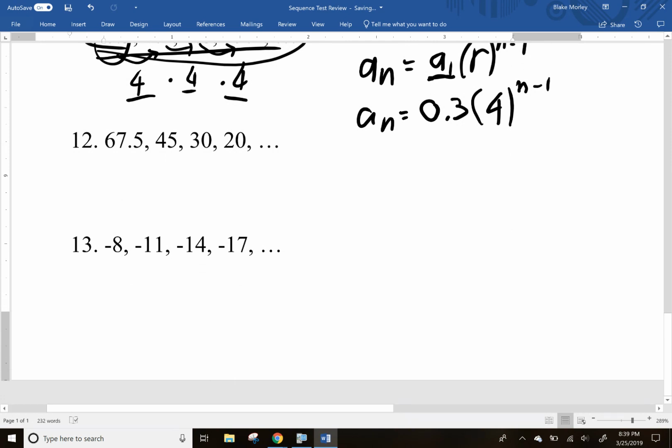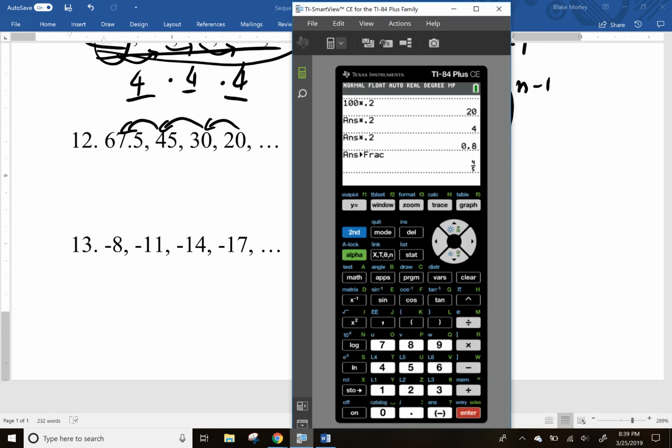All right. Number 12 is a little funny. If you're working backwards, if you subtract these, arithmetic will not work. If you divide them, it will. Now, it is a fraction. So in the calculator, if you get a decimal, which you probably will, I would like for you to change it into a fraction. So for example, you would test 20 divided by its previous term, which is 30, and you would get 0.666666667, right?